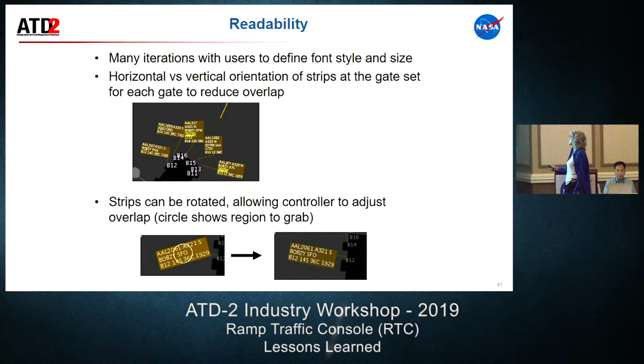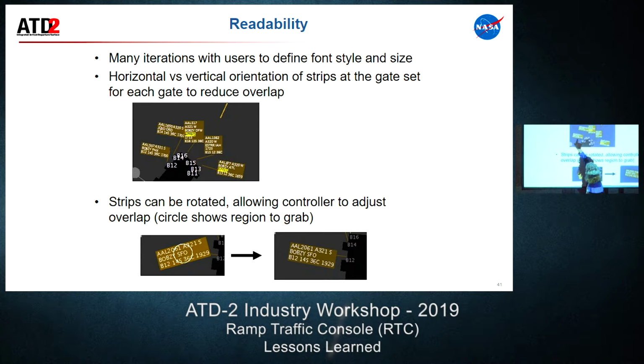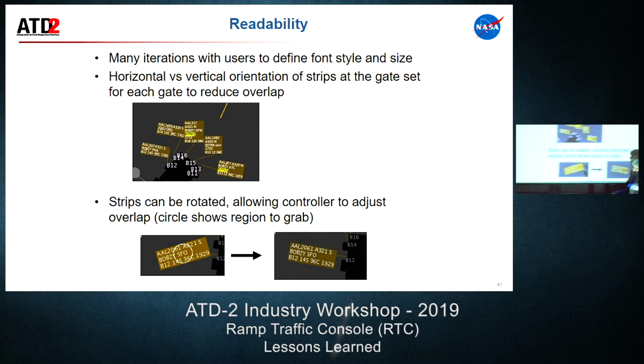Another part of our readability is the horizontal versus vertical orientation. These are the horizontal orientation. You can see that they're wider than they are tall. There are only 3 lines of text. Our vertical orientation has 5 lines of text. If all these strips at this area of the ramp were vertical, they would tend to overlap each other.